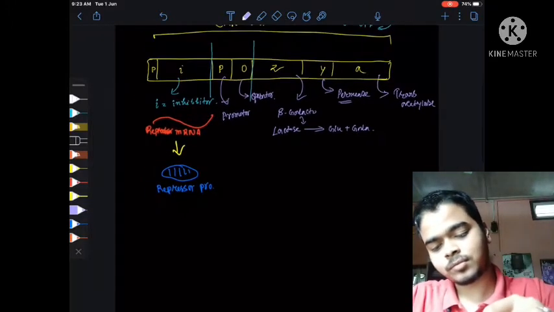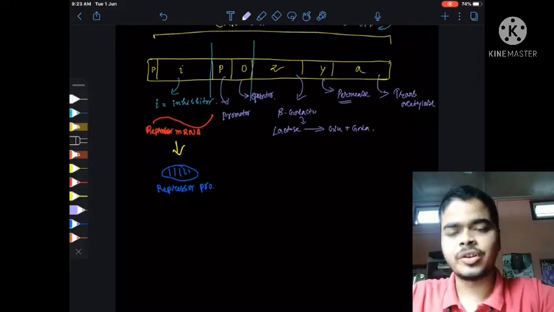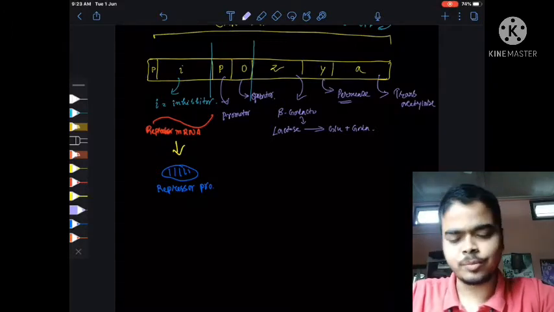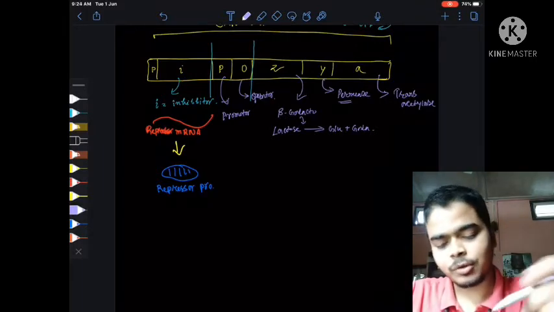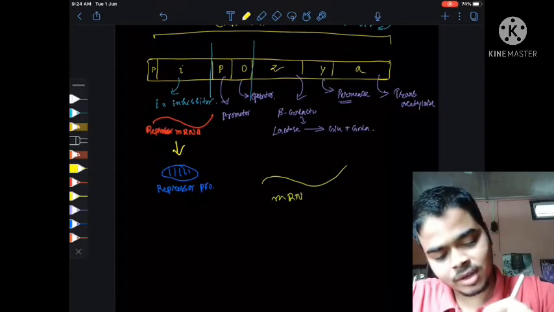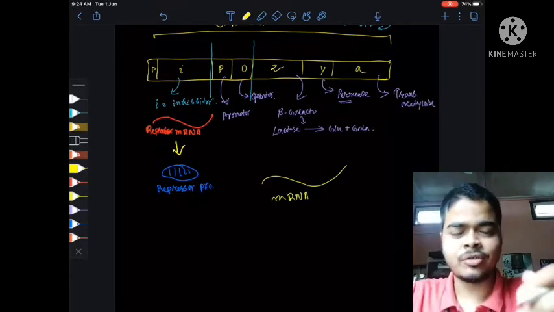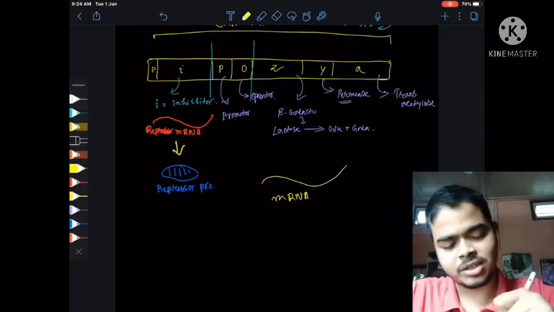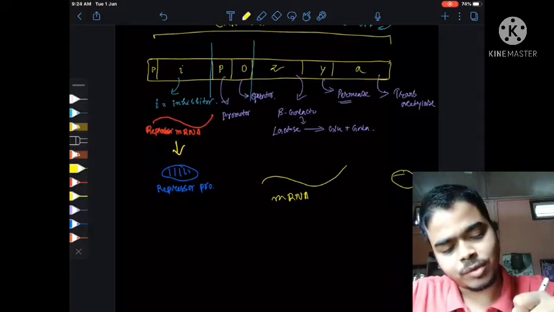Now remember, in eukaryotes, these genes are monocistronic, but in prokaryotes, these genes are polycistronic. That means in eukaryotes, for example, this is a eukaryotic mRNA, right? One mRNA contains information of only one gene. That means when this mRNA is translated, it produces only one protein.